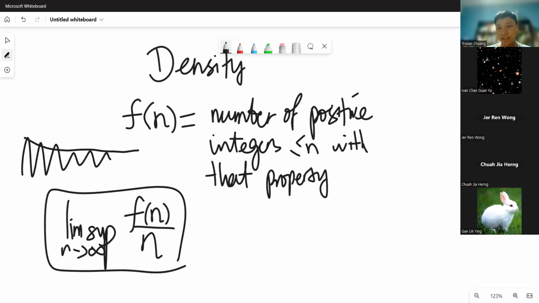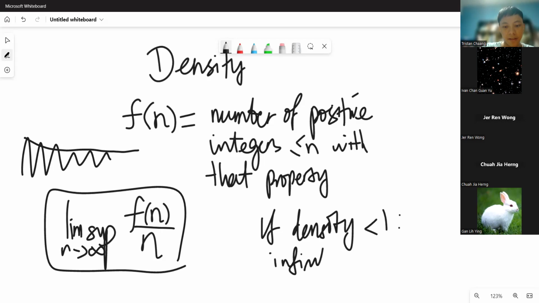If the density is less than 1, that means definitely there are infinitely many bad numbers, right? So infinitely many numbers without that property.